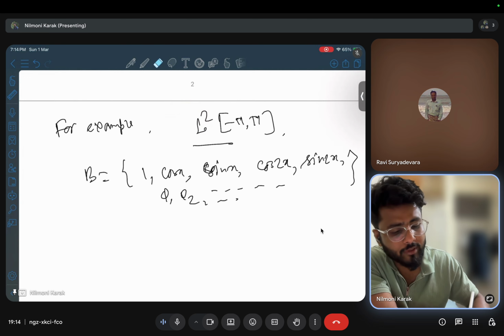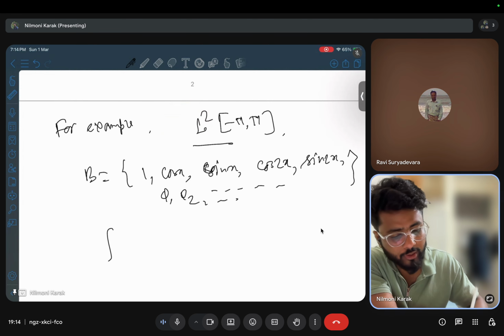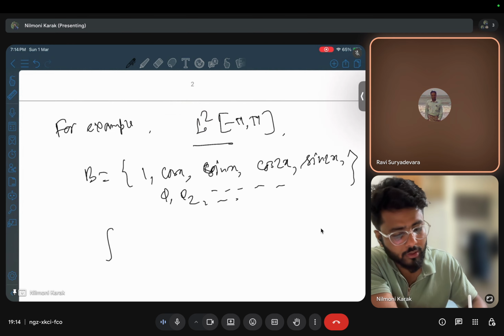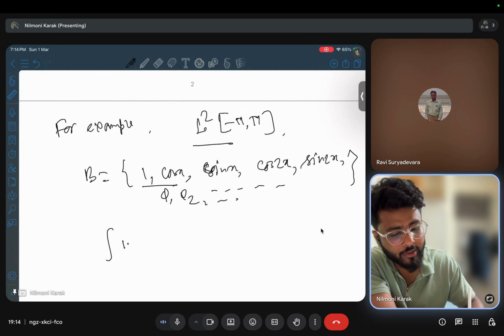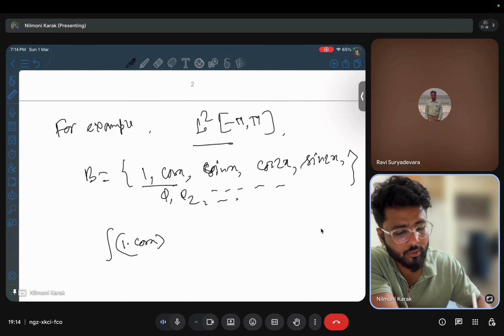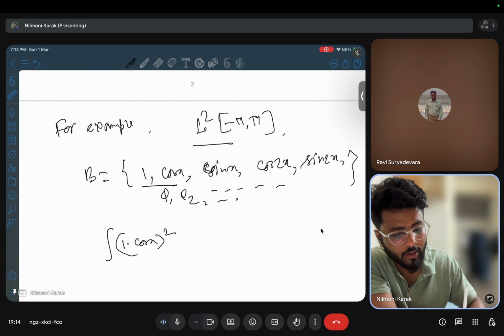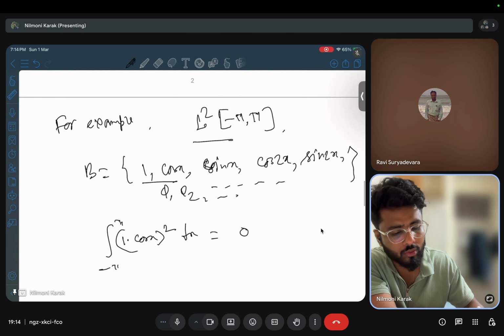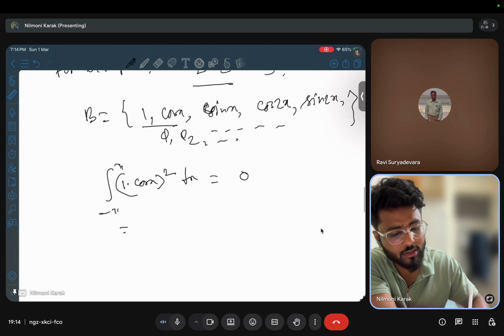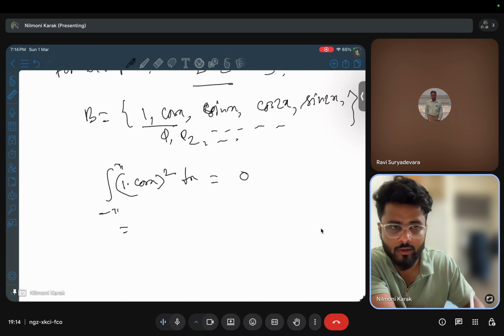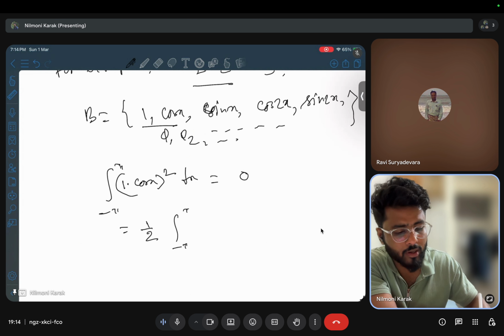Basically here in the L2 norm, if you see this one, cos x squared, because the L2 norm should be squared, integral from minus pi to pi dx, this should be 0. If you check, cos square x means half, integral minus pi to pi of 1 plus cos 2x.